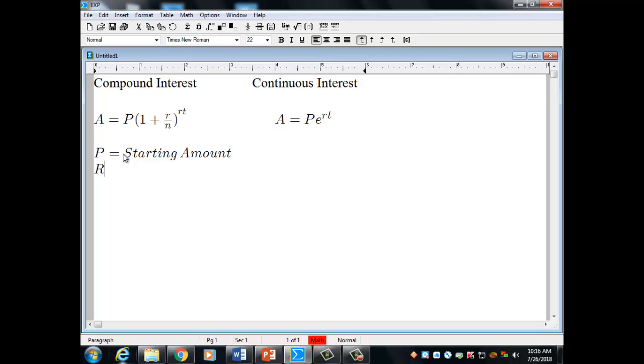R is the interest rate, and that should be as a decimal, please. T is the length of time. And N is the number of times it's going to compound.